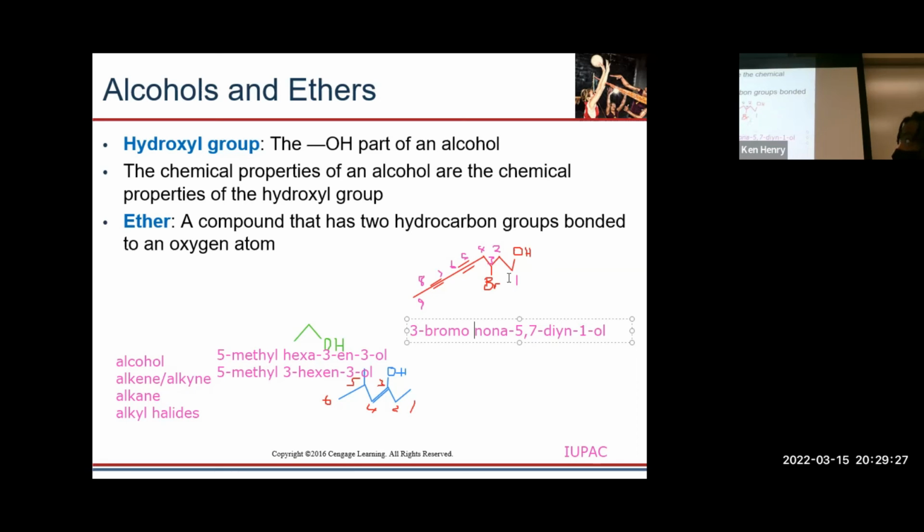Nonyne, for 9: 1, 2, 3, 4, 5, 6, 7, 8, 9. That's right. The alcohol "ol" is at the very end. And then the "di", because there are 2 double bonds, one at the 5 and one at the 7. So 5,7-diyne.